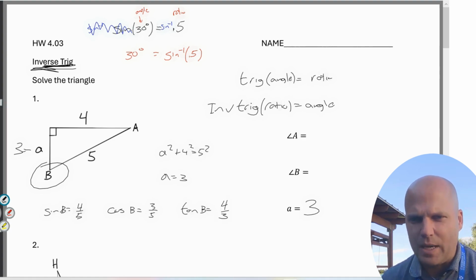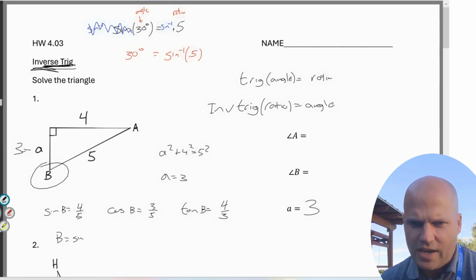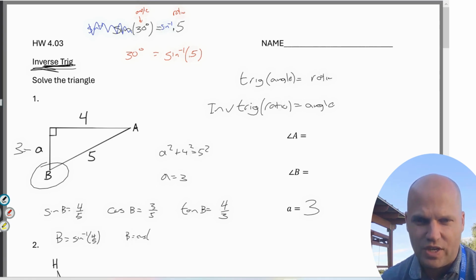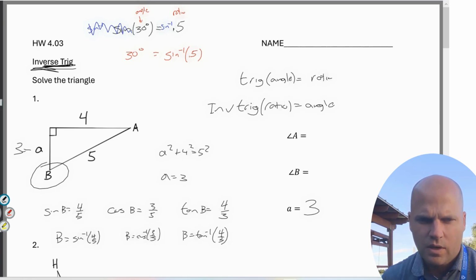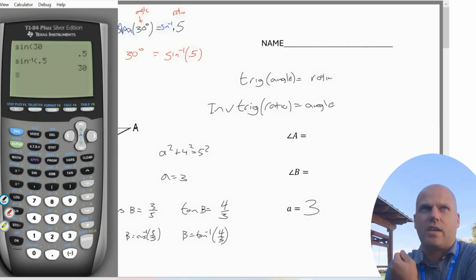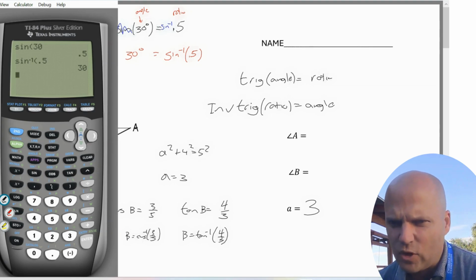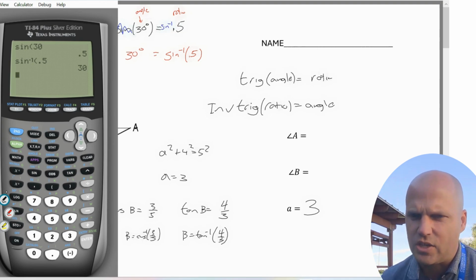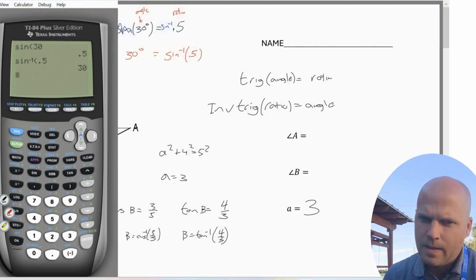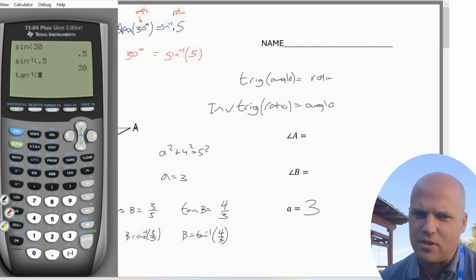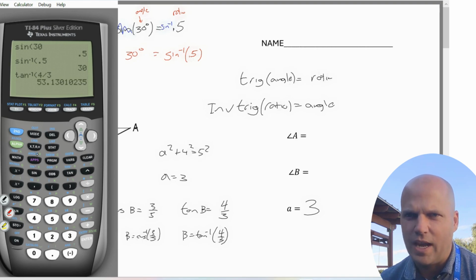Well, we could actually find B by using the sine inverse of this ratio, or the cos inverse of this ratio, or the tan inverse of this ratio. And you can either type this into your calculator using the inverse button. Now, notice the inverse is above sine, cosine, and tangent. If you guys show up to class and you don't know how to type this in, I will be upset.